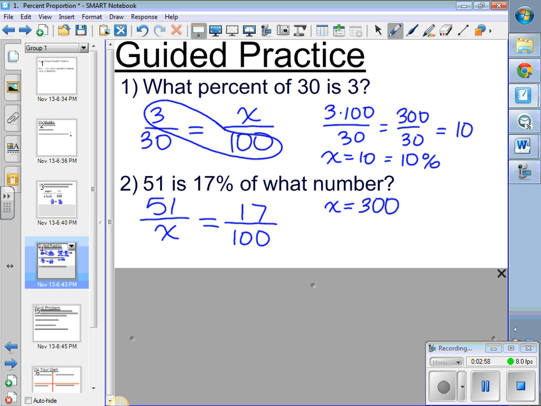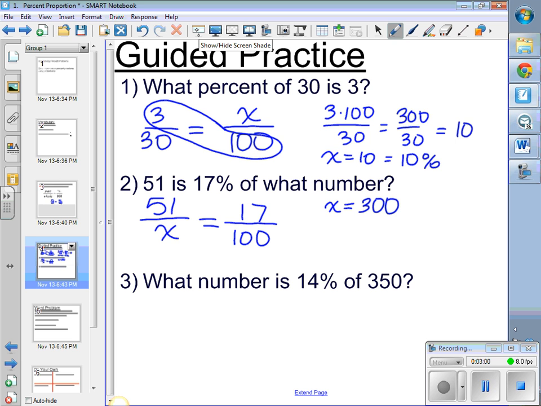All right. And our last one on this page, what number is 14% of 350? So we have 100 here. We have 14%. Of is our whole, so 350. And we're trying to find the part.